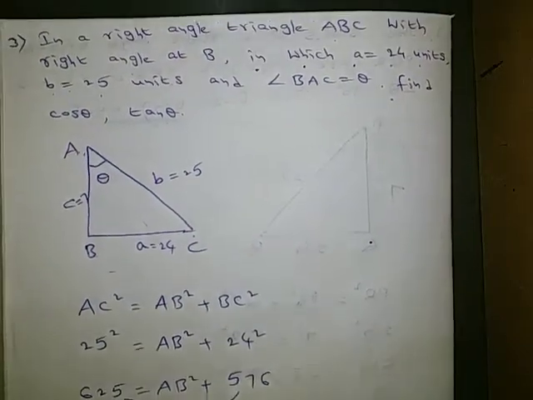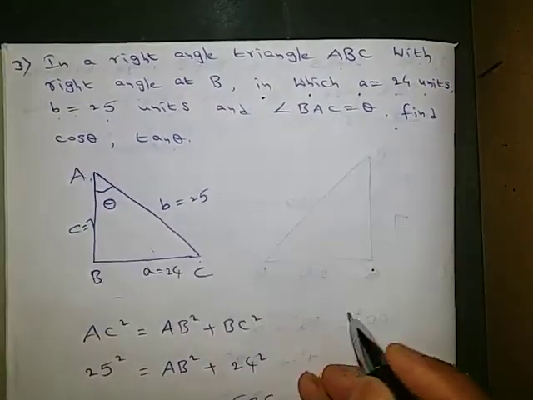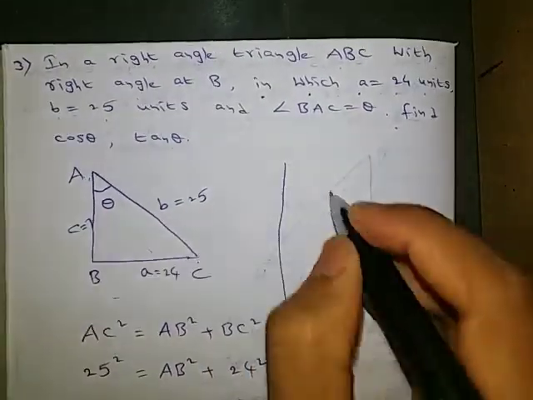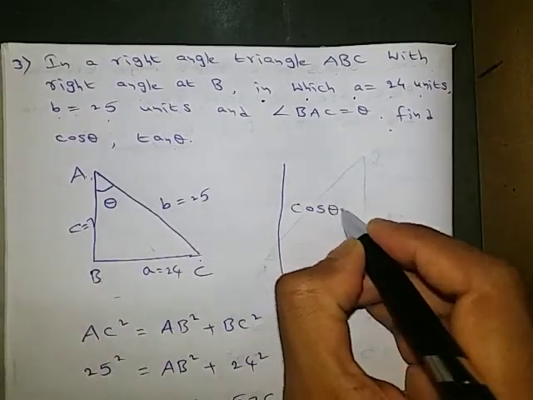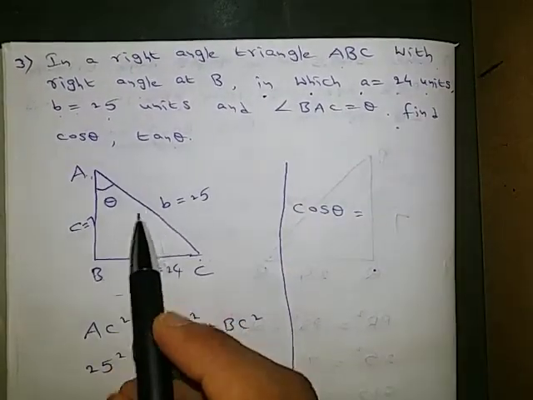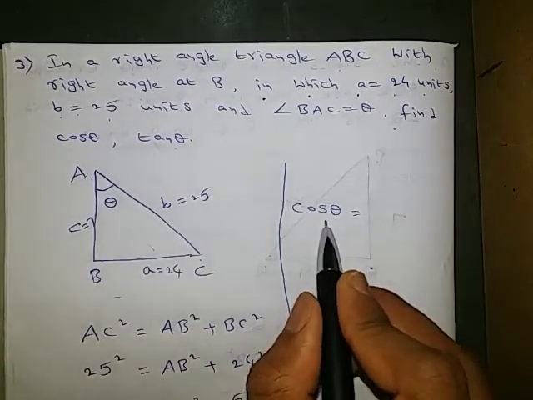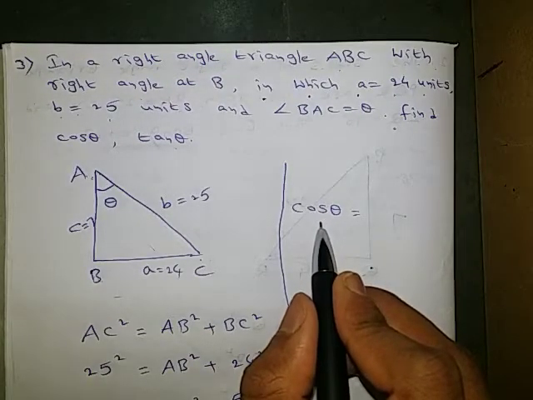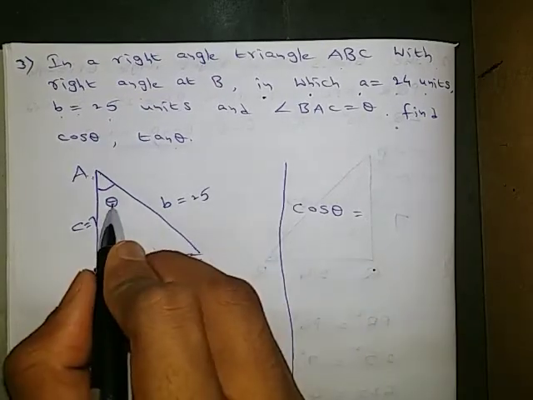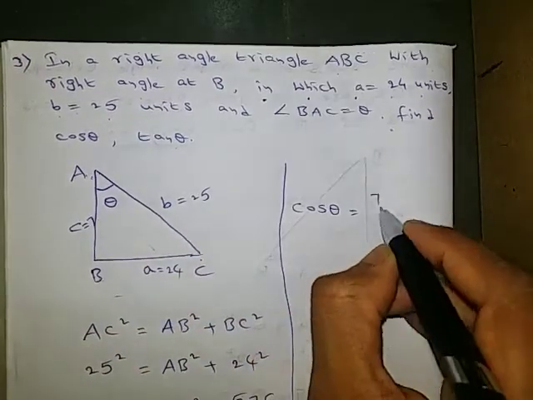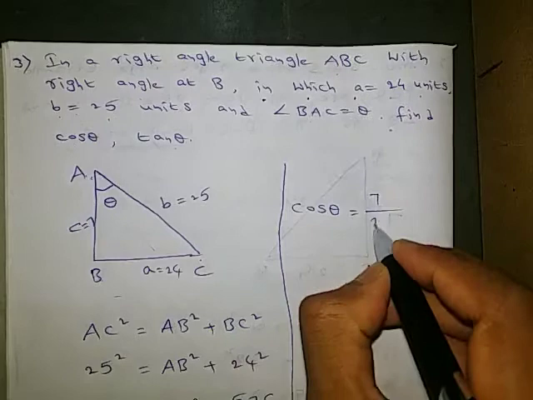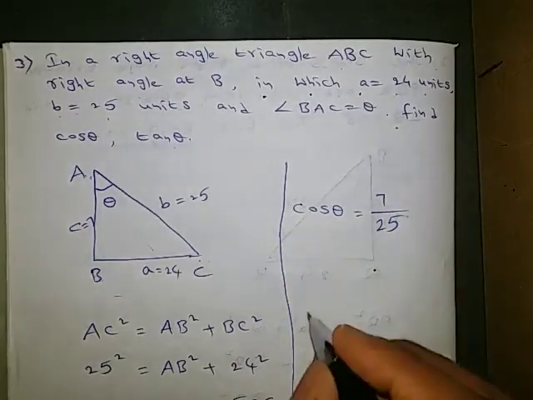Now he is asking to find the values of cos theta and tan theta. So let us find that. Cos theta. Already in the question he mentioned the BAC angle is theta. So cos is adjacent by hypotenuse. For this theta, adjacent is 7 divided by hypotenuse 25, so 7 by 25.